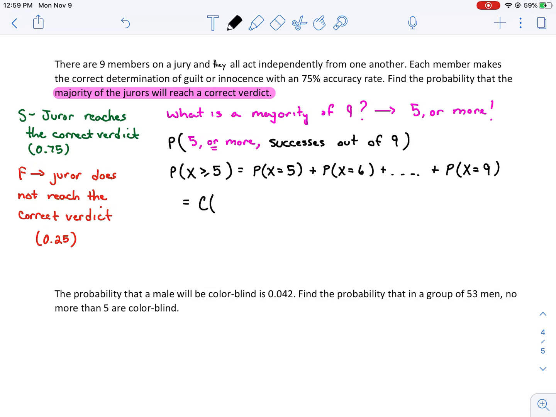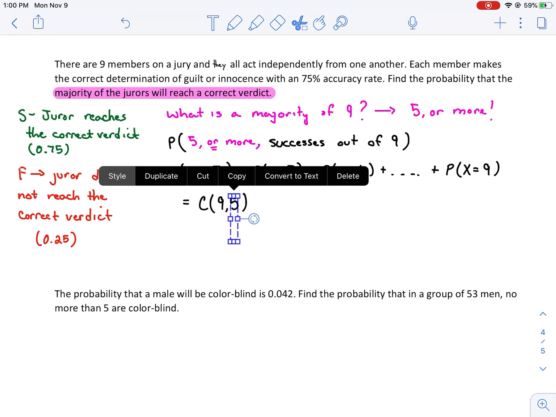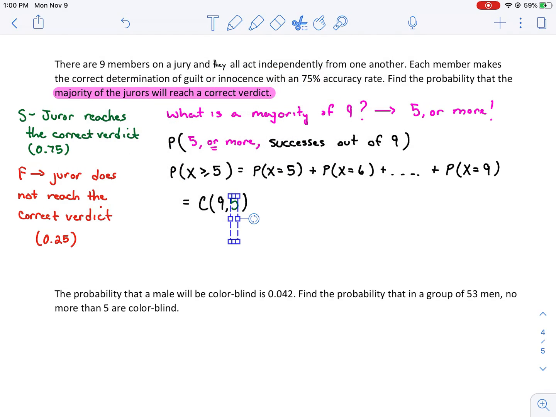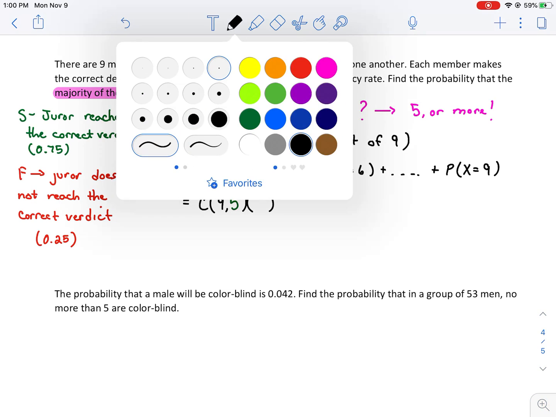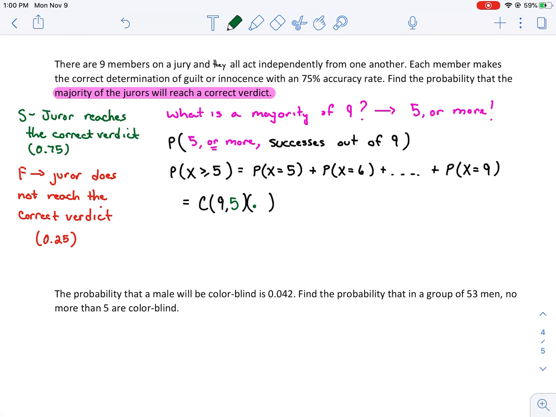For the probability that x is equal to 5, this is 9 choose 5. And I'm going to color coordinate the 5 there, make it green. The probability of success is 75%, and we want 5 successes.